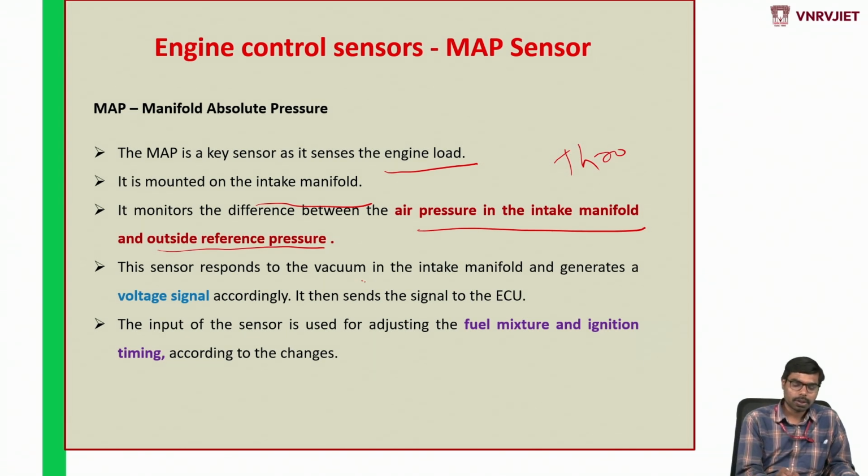The sensor responds to the vacuum inside the manifold and generates a voltage signal accordingly. If the vacuum is very high, the voltage signal is very high, and it is sent to the ECU.